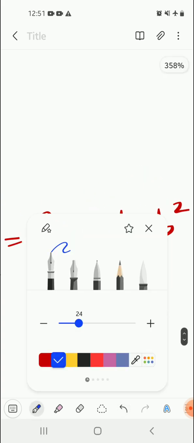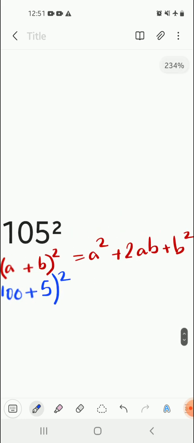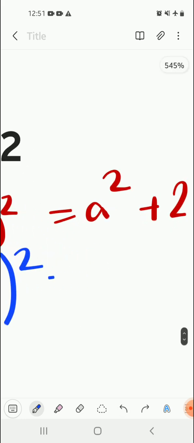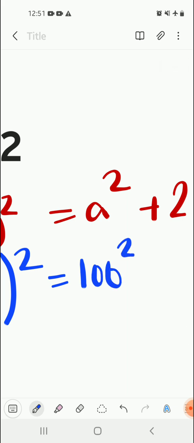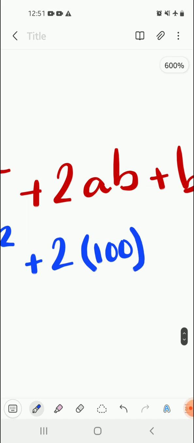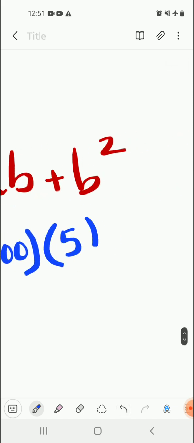Now the question, (100 plus 5) whole square. So we're going to write it in this manner. 100 square plus 2ab, a is 100, b is 5, plus b square.